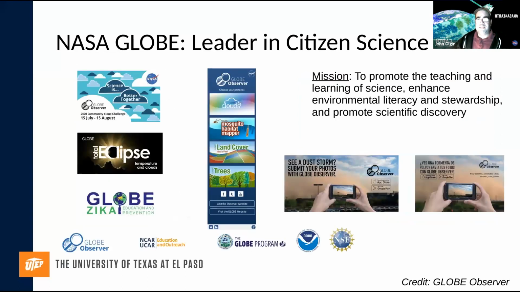So, like I said, NASA is a definite leader in citizen science. It's one of the things that drew me to the program initially, and really has, here in the El Paso area, when I brought it into the physics and astronomy program, it grew, and I think there's a lot of people now looking at how we can get involved with it, especially this class that I just had with the eclipse data.